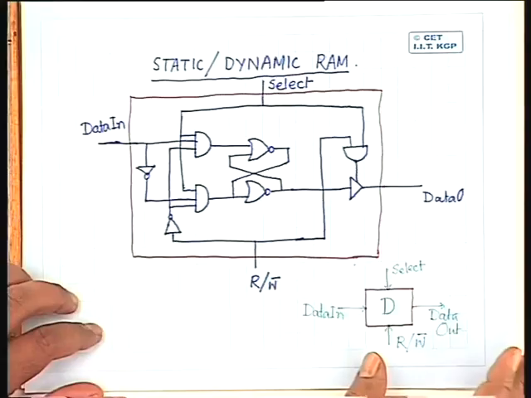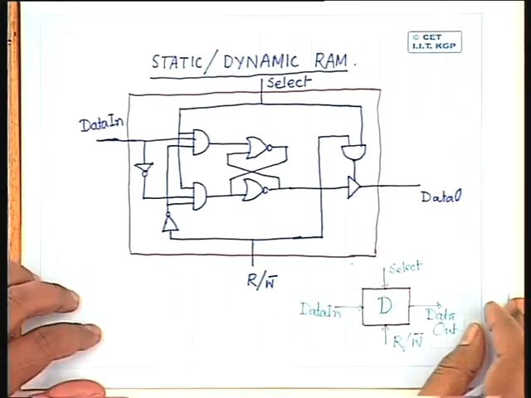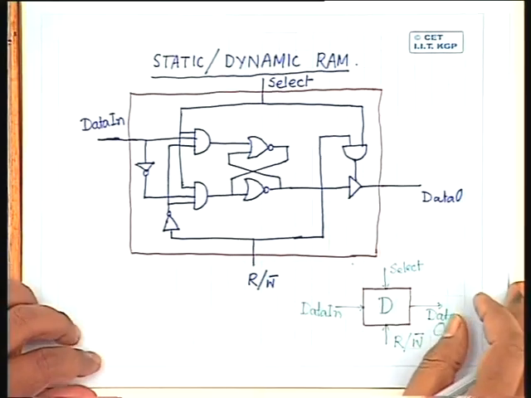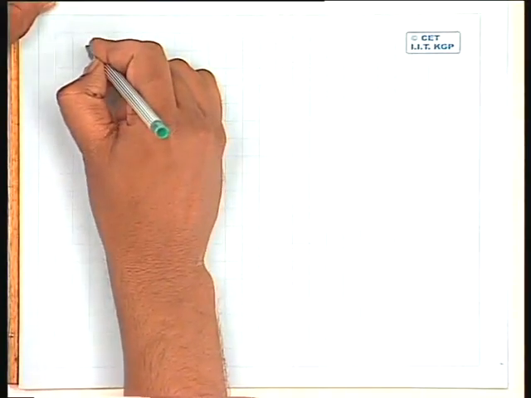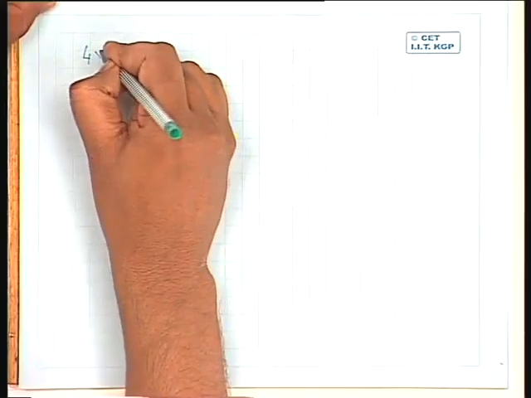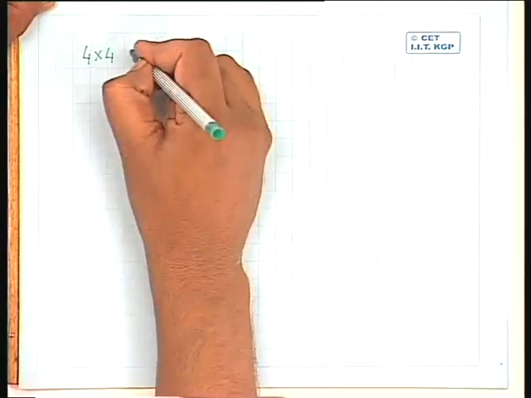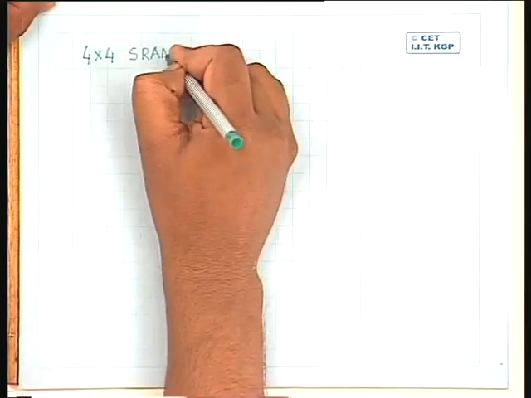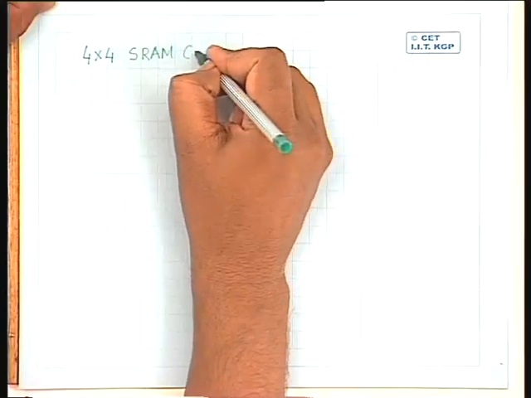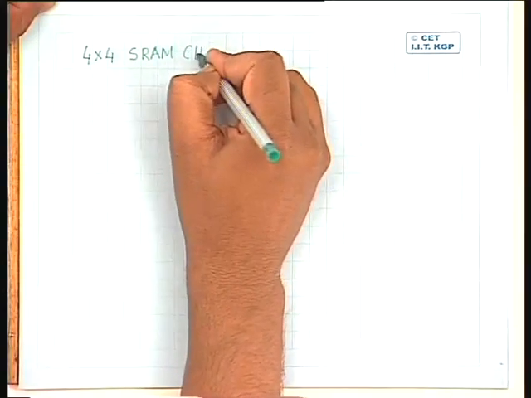Okay. So usually these RAM cells are arranged in the form of a two-dimensional array. It is something like this. So if I want to have a static RAM of say 4 locations, every location consisting of say 4 bits, I'll have a 4 by 4 SRAM cell chip.